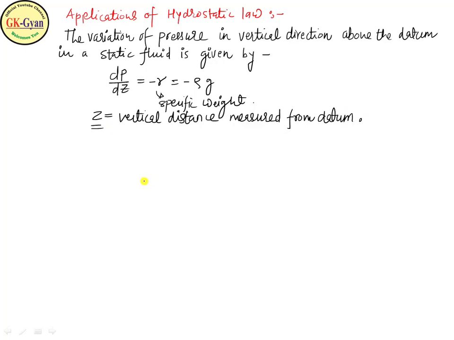So what are the applications? We will see one by one. Here we have taken dp by dz as minus rho g or minus gamma. Here for that purpose we have taken the axis, this is x axis and this is z axis. Z is the vertical distance.